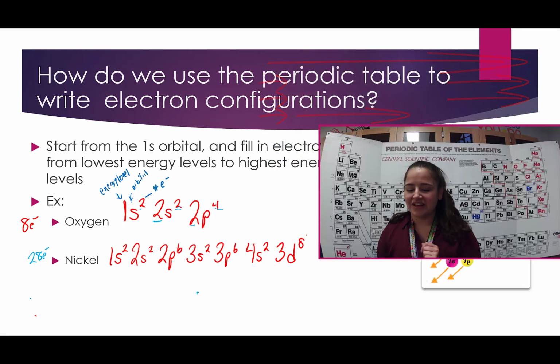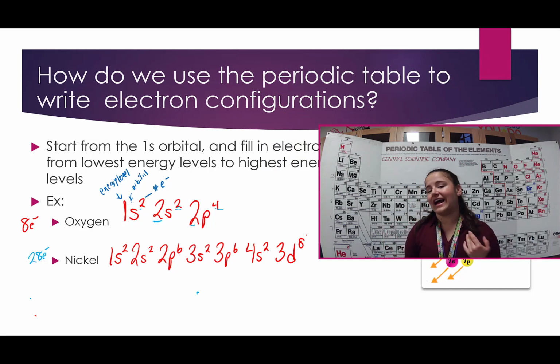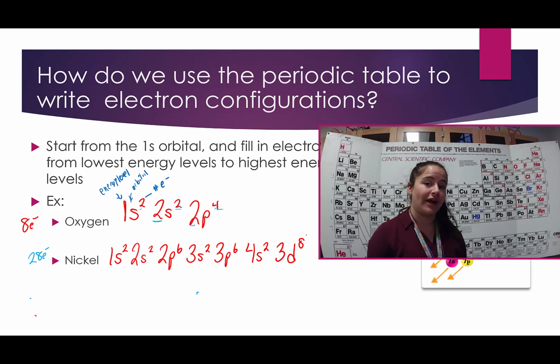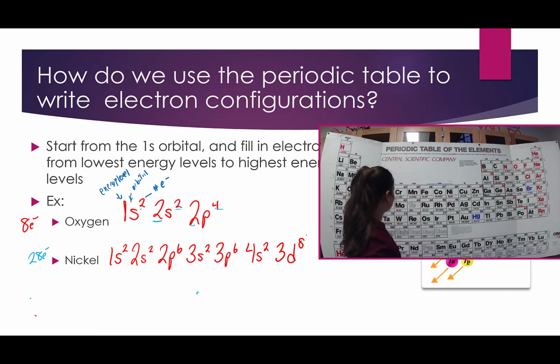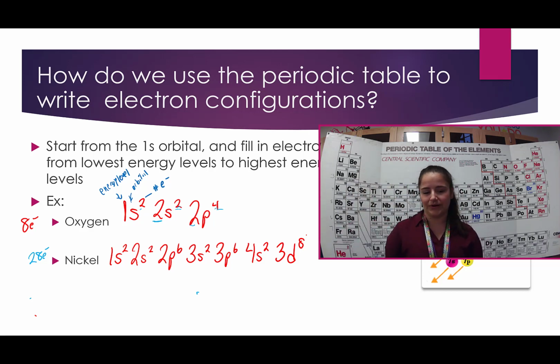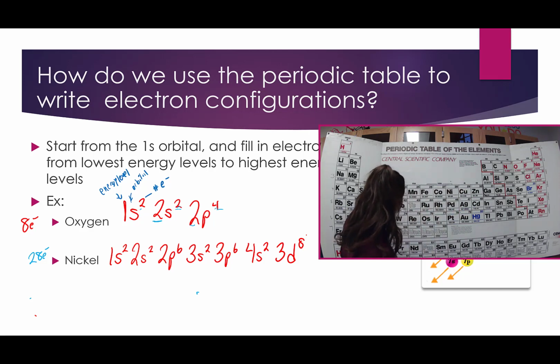Okay, cool. Let's try one more. Let's do a really hard one. Now, in the context of this class, I'm only going to expect you to be able to write electron configurations up to that 4th row with the 3d orbitals. But you should know how to do them in case you're interested in ones that even include the F block.